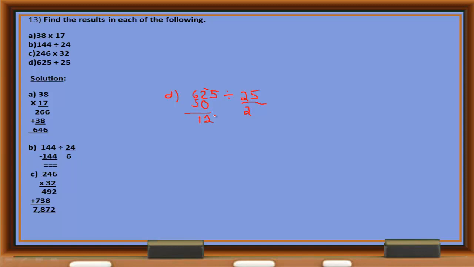And here is 5. 125 divided by 25 is 5. 5 times 25 is 125. Then 125 minus 125 is 0. We put an equal sign here. Then the answer is 25. I hope the solutions are clear for you.